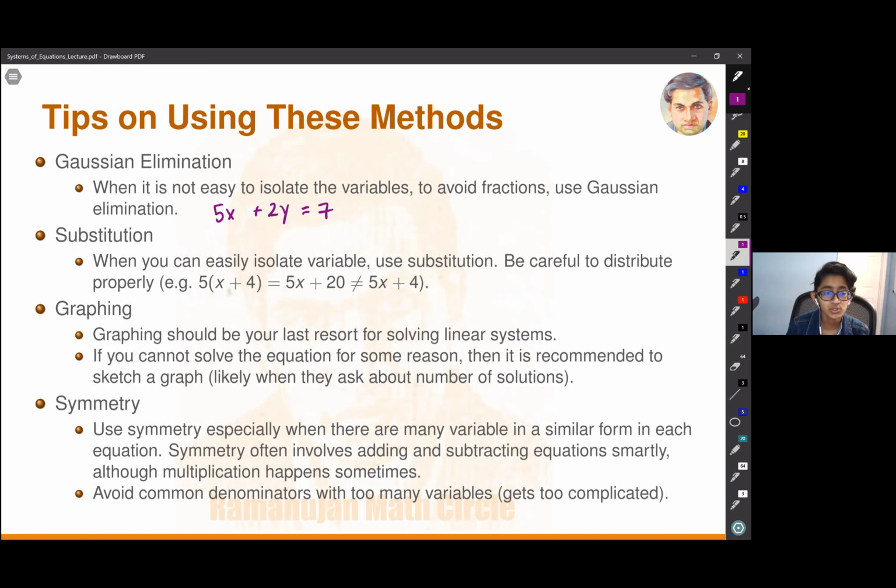So in terms of substitution, like I said, if you can isolate the variable, use substitution. One thing I would pay attention to is remember to distribute, right? There's this very example right here, which is like 5 times (x plus 4), which often in your rush might be written as, okay, 5x plus 4. And that is wrong. These are not the same thing. And so you need to make sure that you don't make mistakes of that sort.